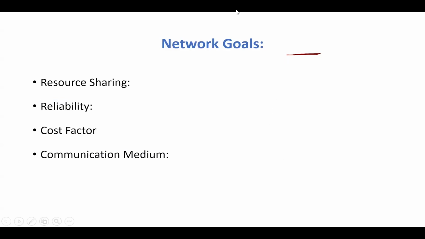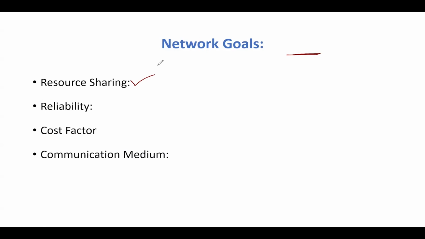Now, why are we learning about networks? What is the goal of a network? The very first purpose of having a network is resource sharing. What do we mean by resource sharing? We can make all the programs, data, and peripherals available to anyone on the network, irrespective of the physical location of the resource and the user.